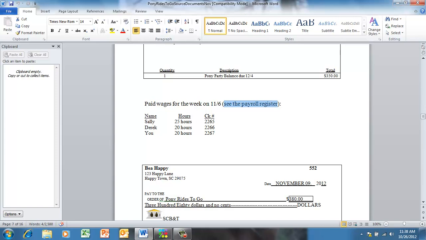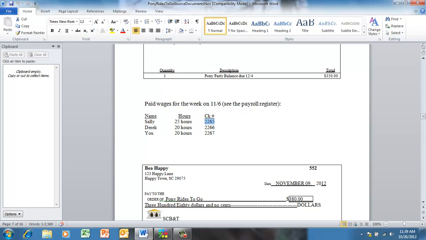You need to credit the total deductions into payroll taxes payable, and you need to credit the net pay total into cash. Your explanation needs to show all three check numbers in the explanation. Also remember, this involves cash going out, checks being written. It needs to go on the check register as well.